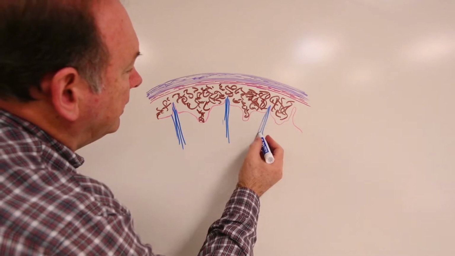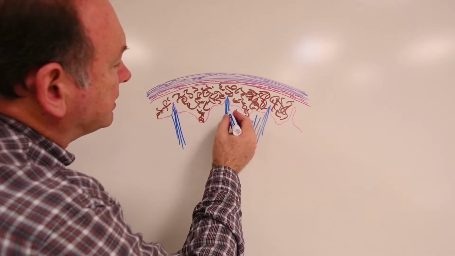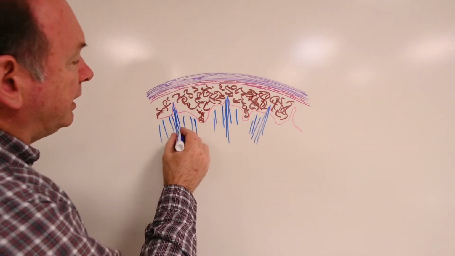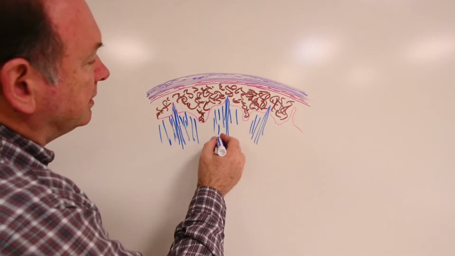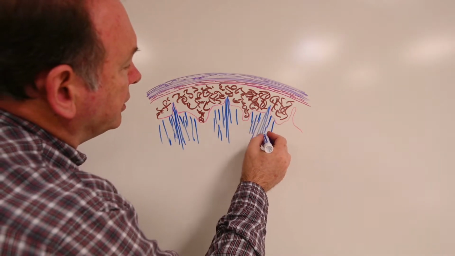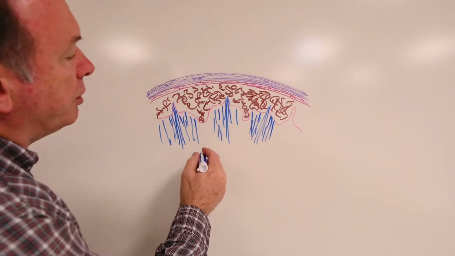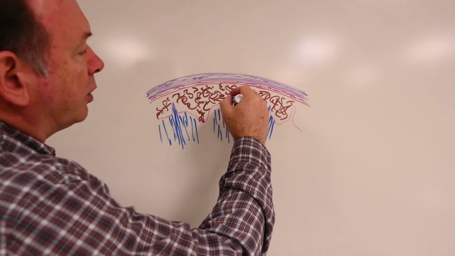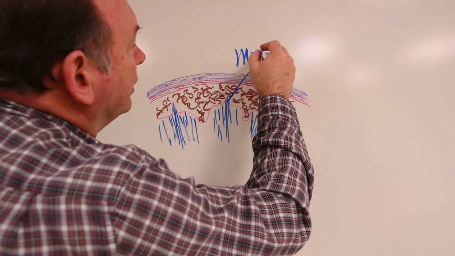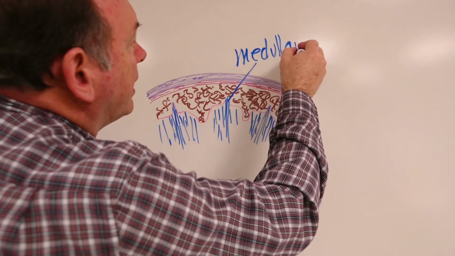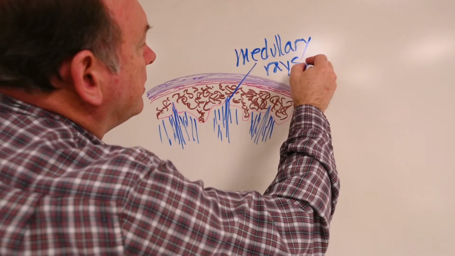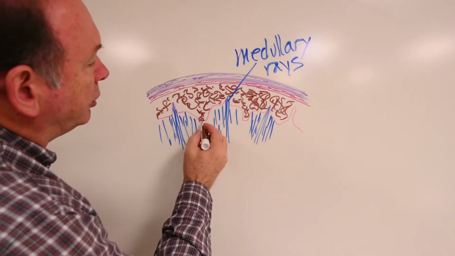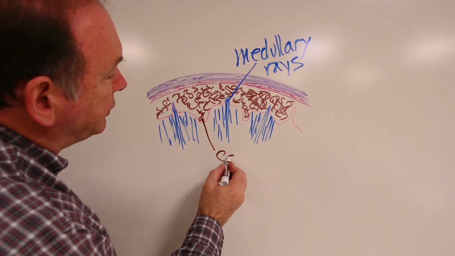So you'll see a lot of straight ducts in this region, many of them being parts of the loop of Henle, as well as straight portions of the proximal and distal tubule. So anyway, these sections of the medulla that reach up into the cortex are called medullary rays, and parts of the cortex that reach down into the medulla are your cortical labyrinths.